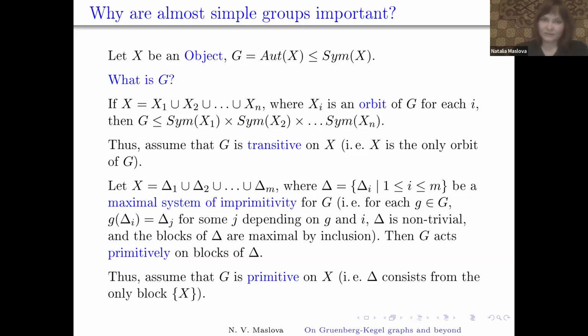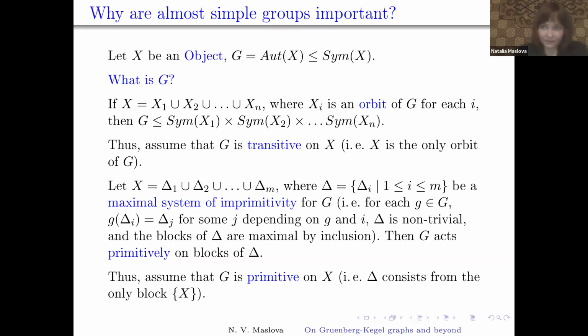Then the group is a subdirect product of symmetric groups, the so-called projections to components. In any case, it's a subgroup of the direct product of the corresponding symmetric groups of the orbits. So we can restrict the group action to each orbit and consider only the cases when the group is transitive.